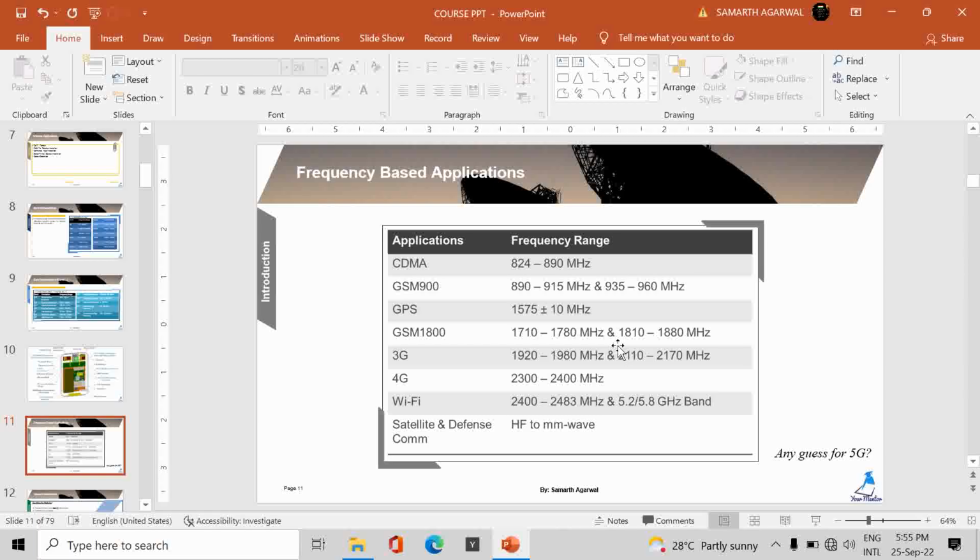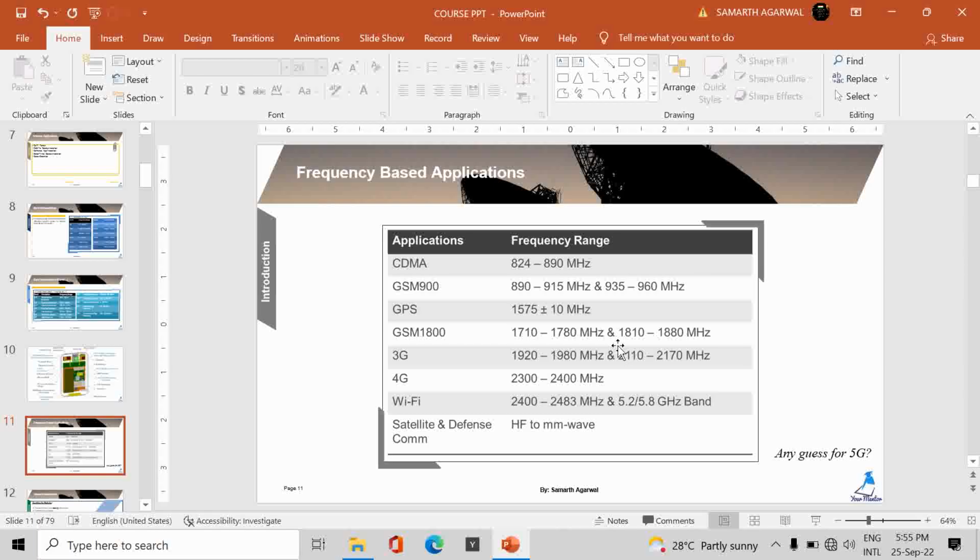Then you try to match the parameters specified for the application for which you are designing. If you design some unique antenna, it will be very good for you to showcase in conferences and repeated work. Okay. Then further, Wi-Fi is also 2.45 and 5.2, 5 gigahertz, 5.8.